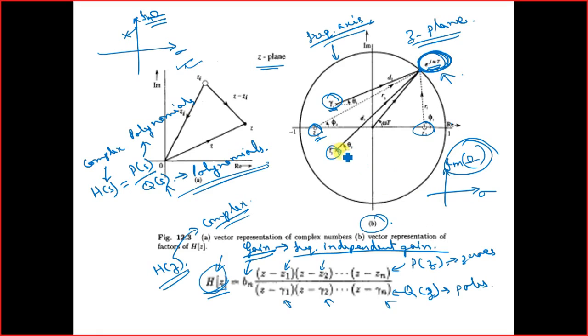Again the same way: you draw a line parallel to the x-axis and then you find the angles. Now if you see over here, this angle, parallel to the x-axis we draw the line, and from there you find the angle. So this would give you the phase response of the system.